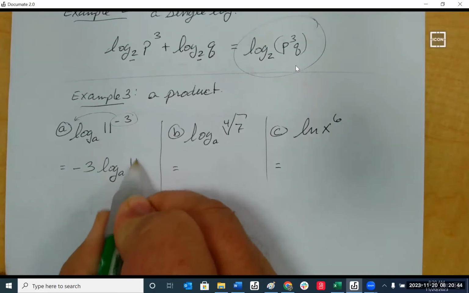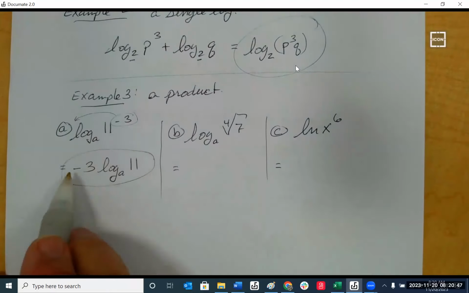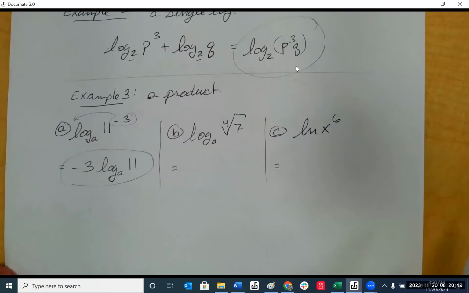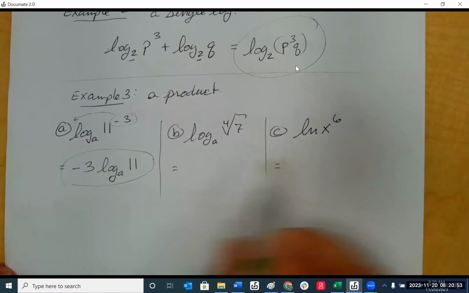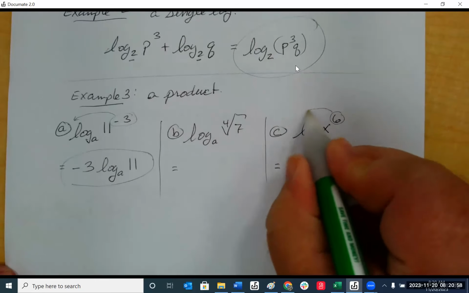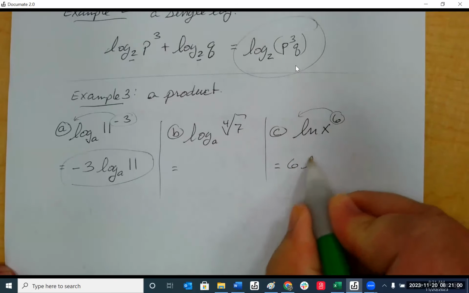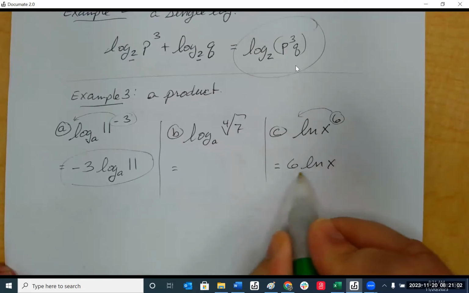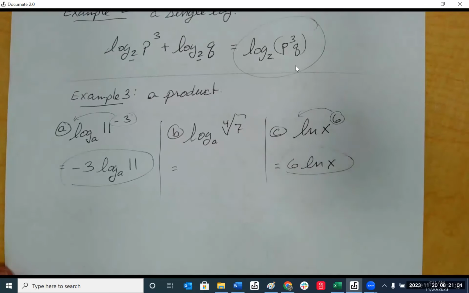That's all we can do here. And that's your answer. It's a product of -3 times log base a of 11. Let's do C first, because we'll have to explain this one. You can't have exponents, so it goes out in front. And there's that answer.